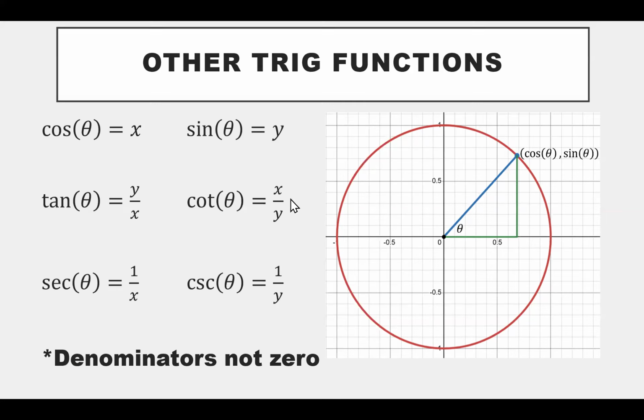Cotangent of theta is the x value of the point divided by the y value of the point. Secant of theta is 1 over the x value. Cosecant of theta is 1 over the y value. These four other trig functions exist so long as the denominators are not 0. So with tangent and secant, as long as x is not 0, then those exist. With cotangent and cosecant, as long as y is not 0, those exist.